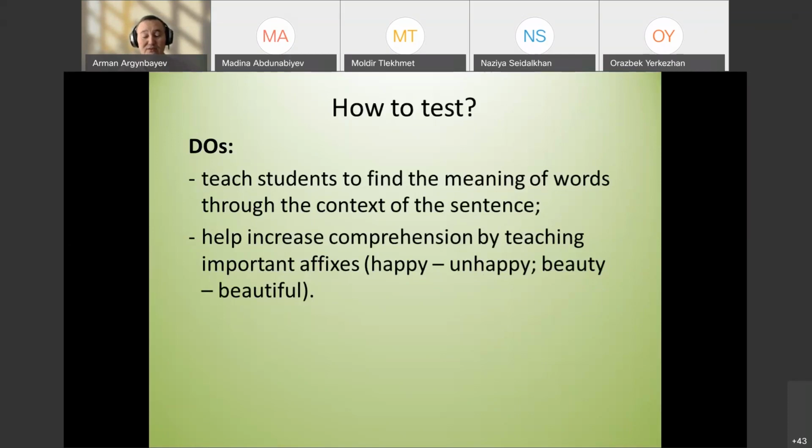A family means the same word, but in different parts of speech. Like wide, adjective, widely, adverb, width, noun, and verb, for example, widen. Widen a road, for example. It's a good thing to teach words in a family, the whole family.